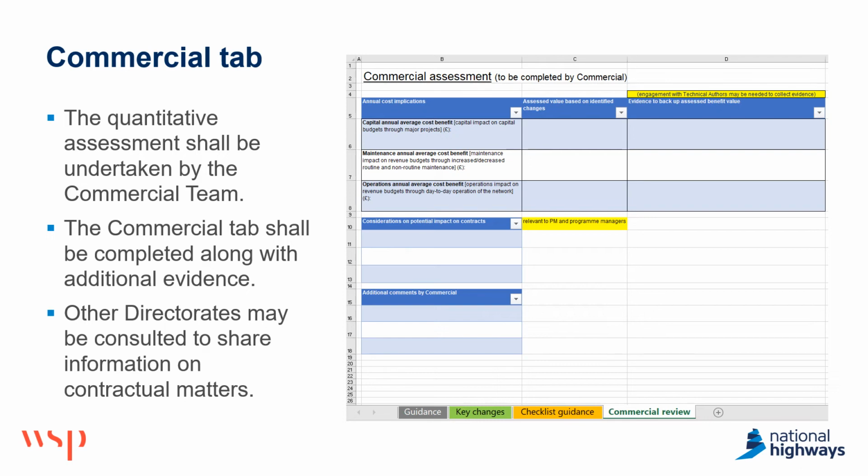So this isn't a tab that technical authors need to complete. So the commercial tab will be completed along with links or text of any additional evidence. Other directorates may also be consulted to share information on contractual matters, and so there's some space there on this tab for that information to be shared.